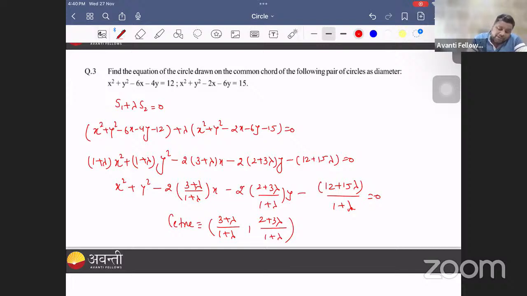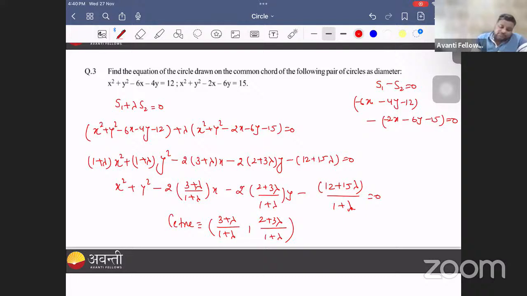Equation of common chord can be obtained easily by subtracting the two circles, S1 minus S2 equal to 0. So it will be 6x minus 4y minus 12 minus 2x minus 6y minus 15 equals to 0. I directly subtracted the two circles.